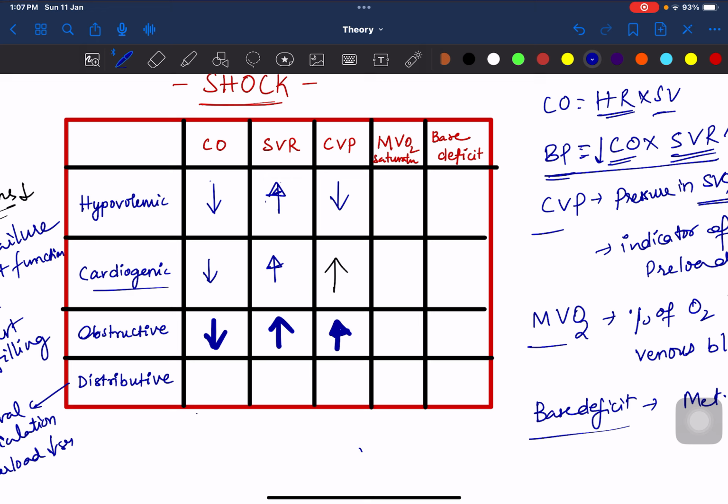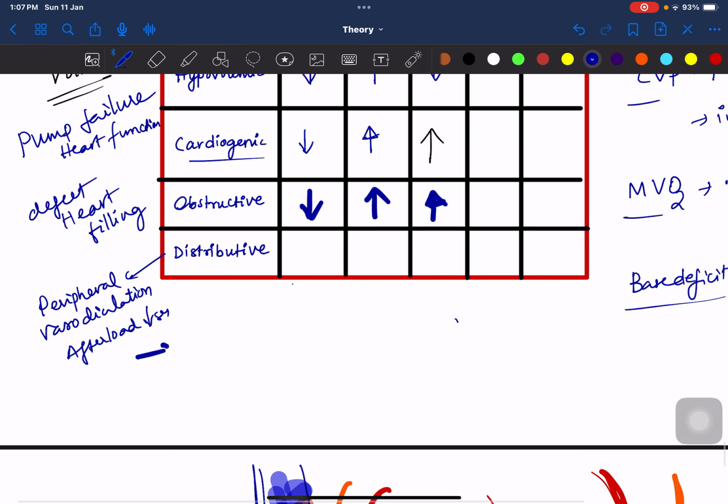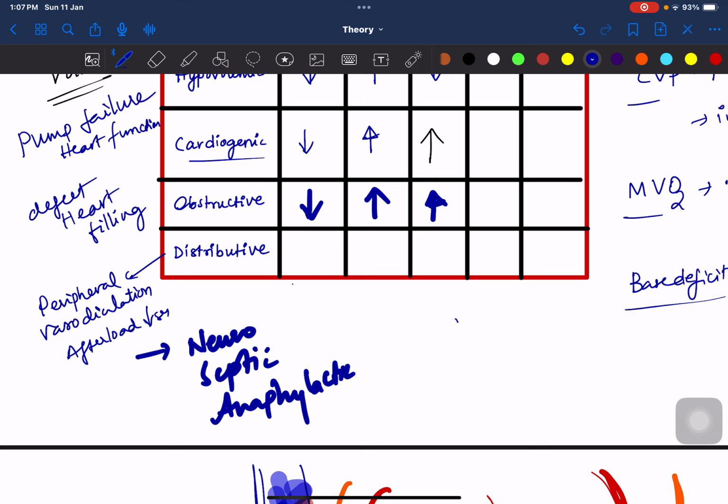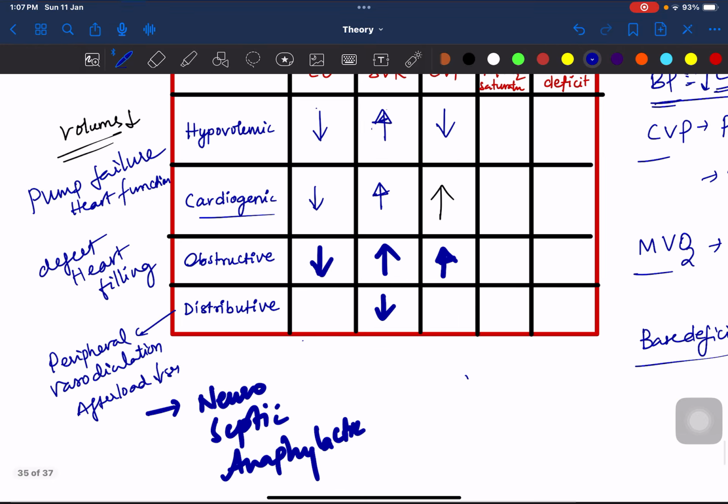What happens in distributive shock? Now, the examples for this include neurogenic shock, septic shock, and anaphylactic shock. These are subtypes of distributive shock. So basically, the peripheral vascular resistance decreases in distributive shock due to various reasons. In septic shock, it is due to cytokines and inflammatory mediators. In anaphylactic shock, it is histamine-related vasodilatation.